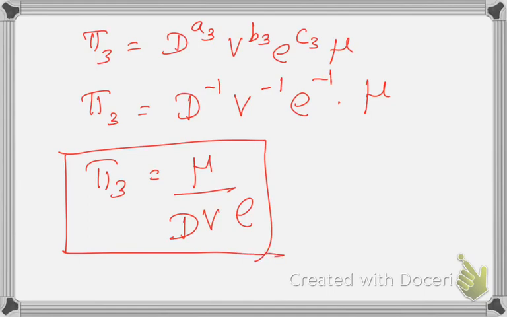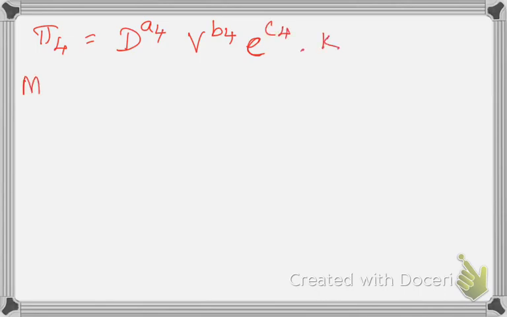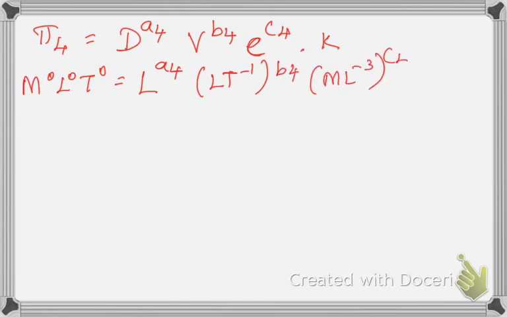Next step is that I have to get the value of pi 4. So similarly I'll be getting my pi 4 value. I'm not going to do it here. So pi 4 is equal to d power a4 v power b4 rho power c4 and k. I'll write the dimensions m power 0, L power 0, T power 0, L power a4, L T power minus 1 to the b4, m L power minus 3 to the c4 and L. So on equating I'll be getting a4 is minus 1, b4 as 0 and c4 is equal to 0.